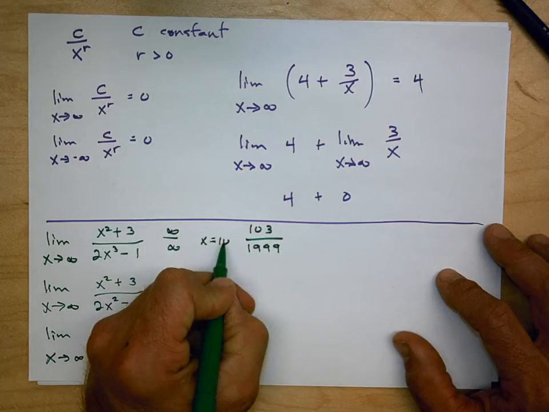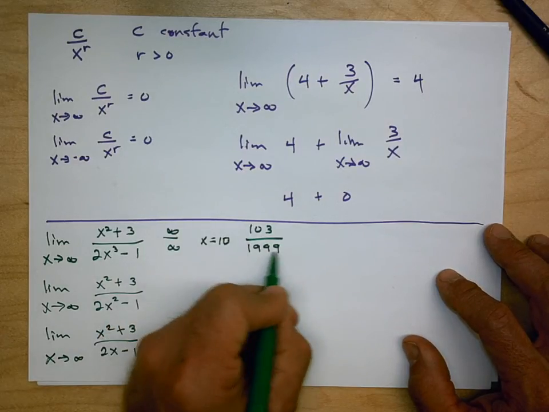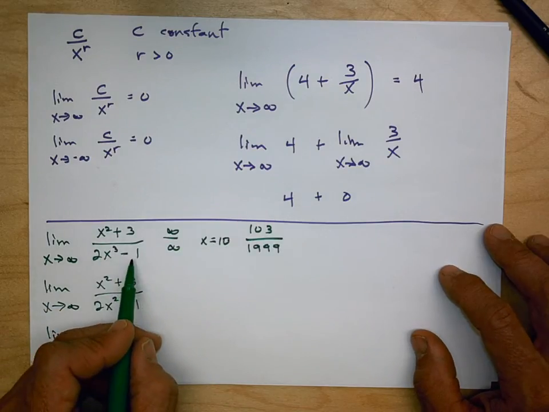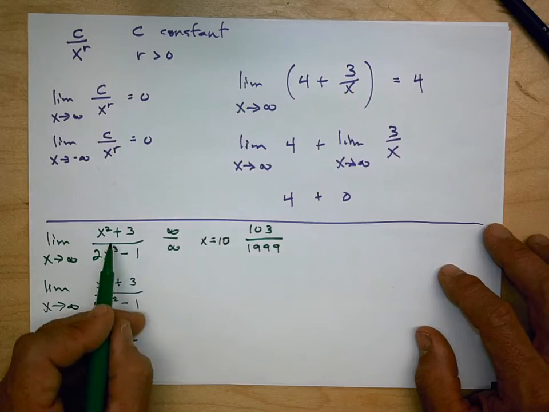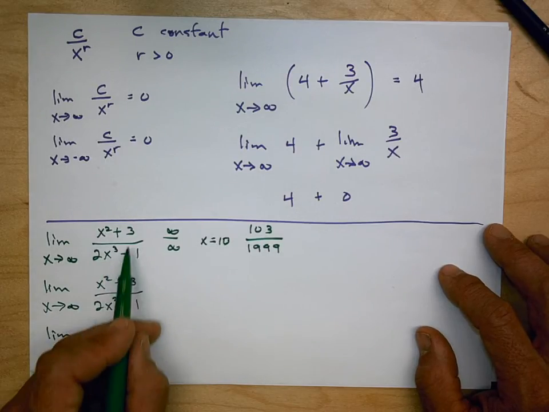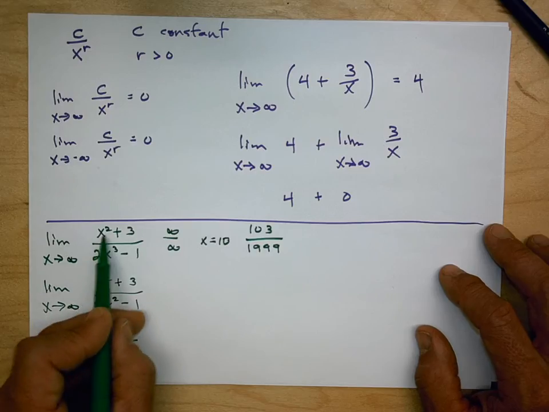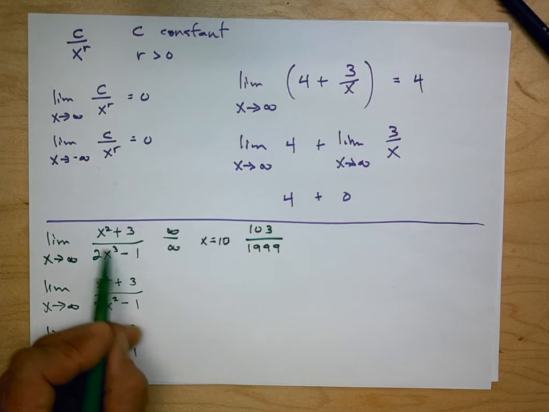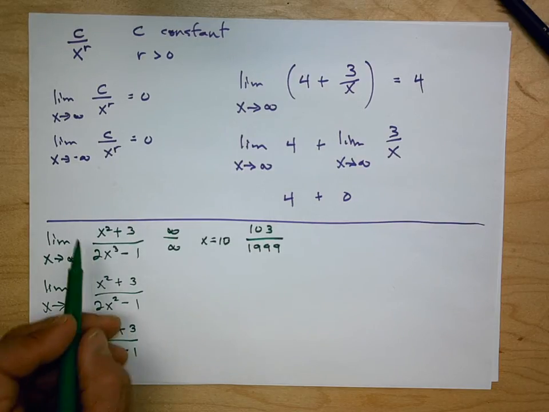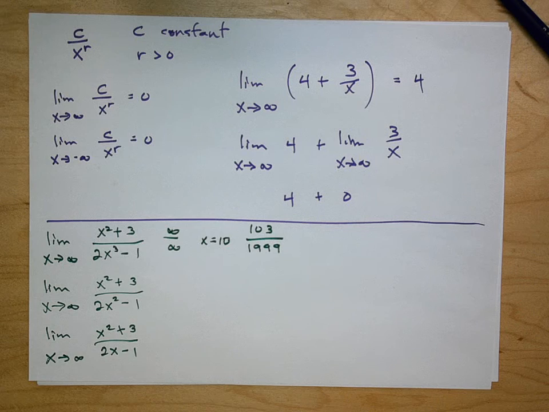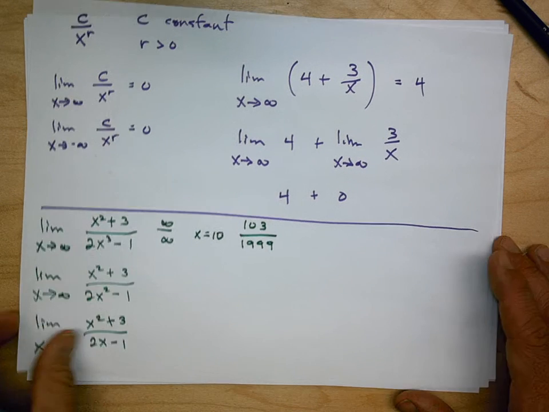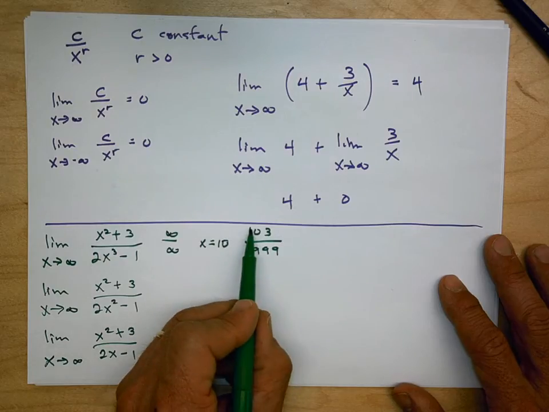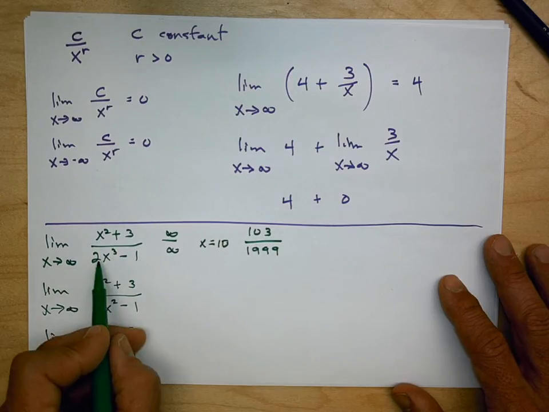If we just put in 1 right off the bat, we get 4 over negative 1, negative 4. And if we put in 0, we're at 3 over negative 1. If we put in 1/2, we're at 7 over 15. Anyways, we can see that some things are going on when x is close to 0, but as x gets larger and larger, it seems to be getting closer. It seems like the denominator is growing faster.